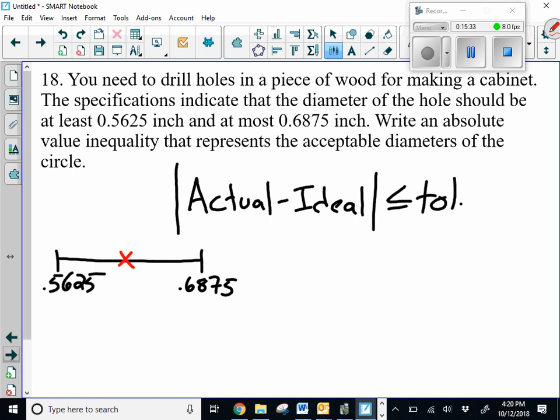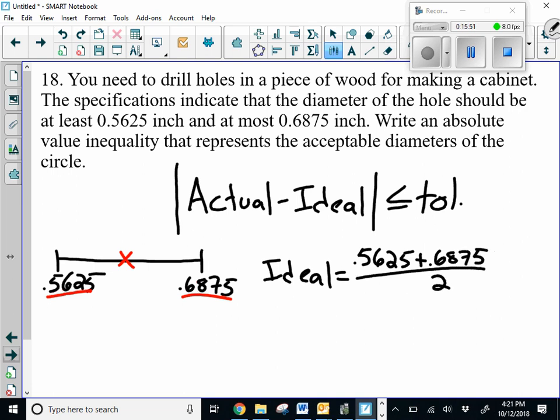So to figure out that ideal, we just got to average these two numbers. We got to average the high and the low. So our ideal is going to be 0.5625 plus 0.6875 divided by 2.